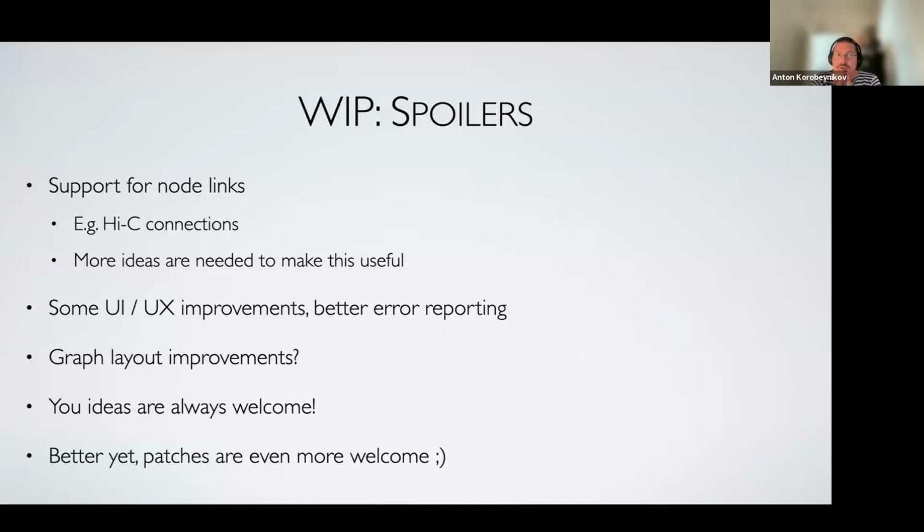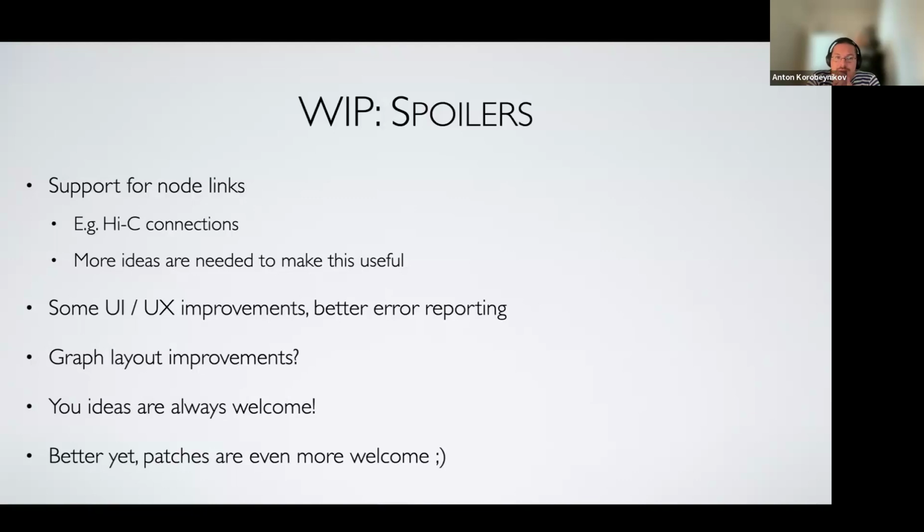The basic support is out there, but definitely more ideas are needed to make this a useful feature, because for Hi-C links, usually we have a connection of almost every segment or every node with any other node. So we need some kind of filtering to make this actually useful for curation applications or other visualizations.